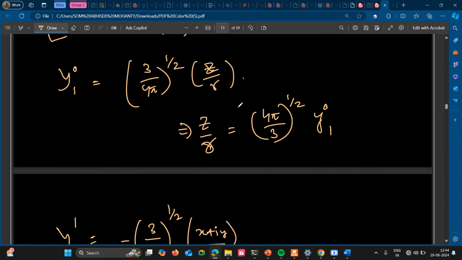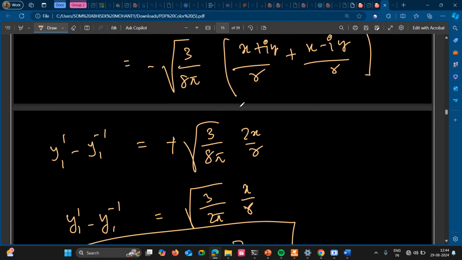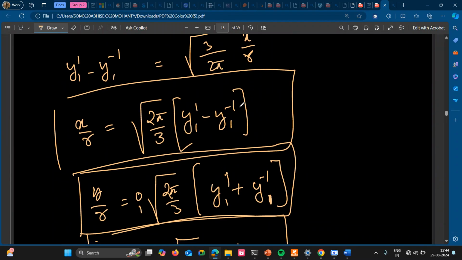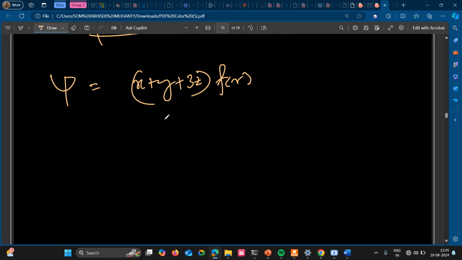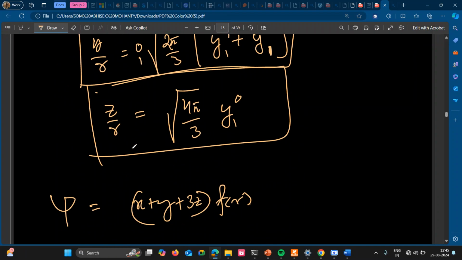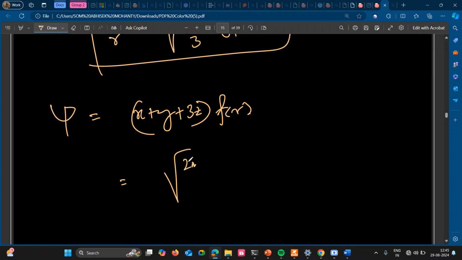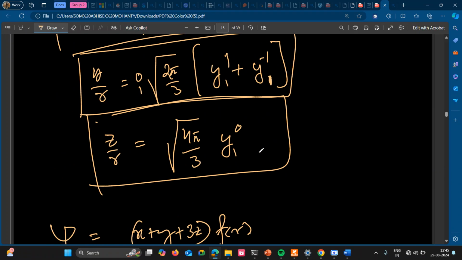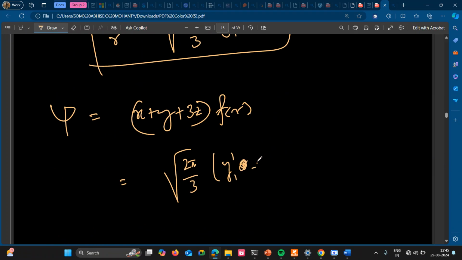So we put the values of this. Its value 2 pi by 3 y11 minus y1 minus 1 plus root over i 2 pi by 3.